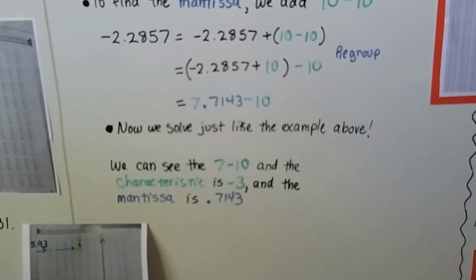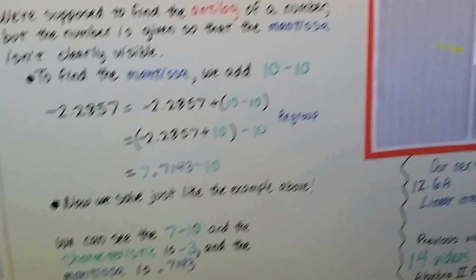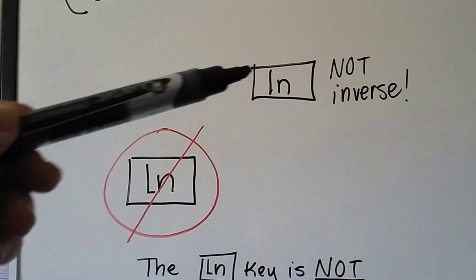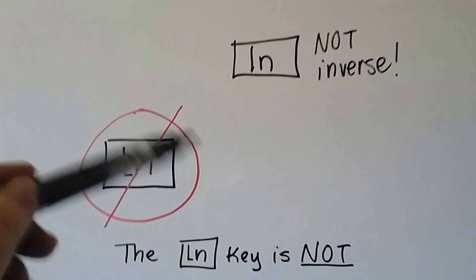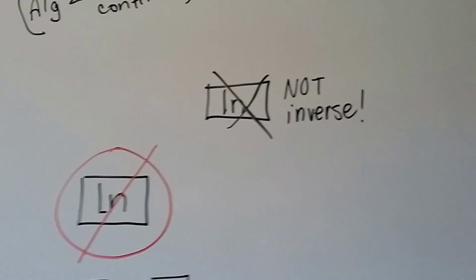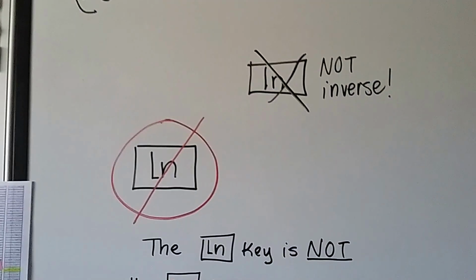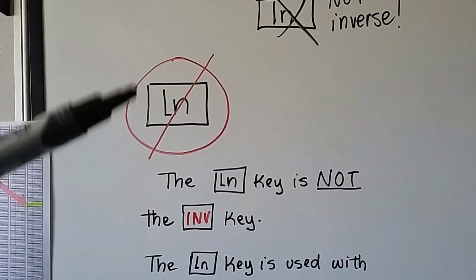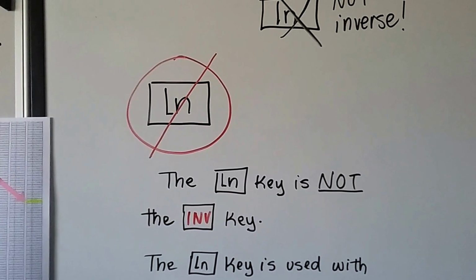All right? Now, there's one thing I want to show you so that you're not confused before I wrap this up, okay? You might see a key that says IN. This is not the same thing as the INV, okay? It's not an IN, it's an LN, all right? So I don't want you to be confused. This LN key is not the INV key. It's completely different.